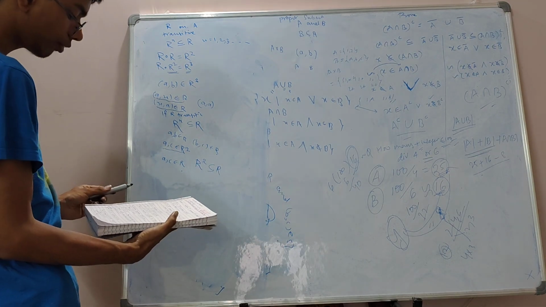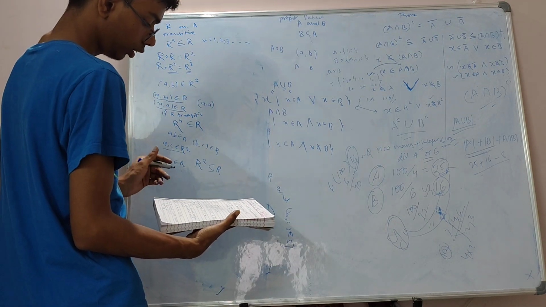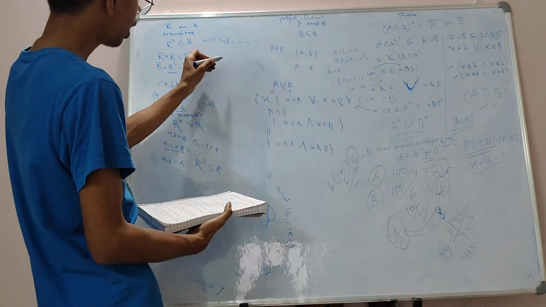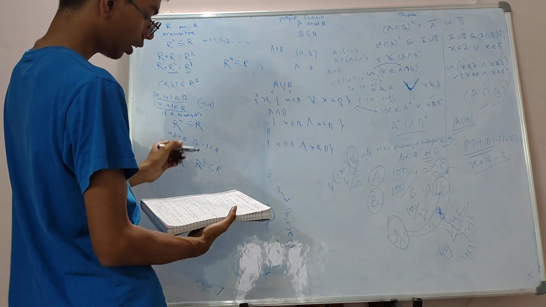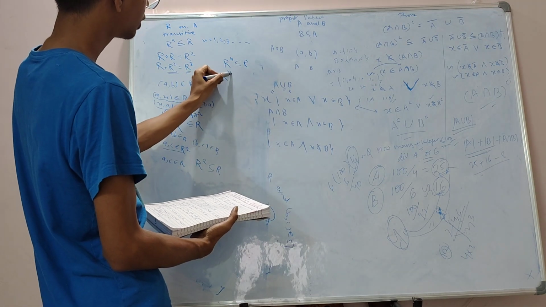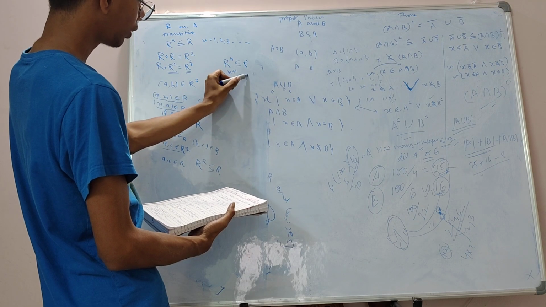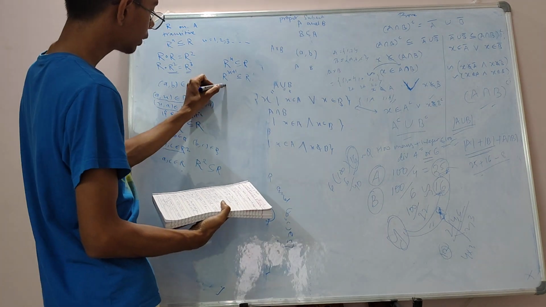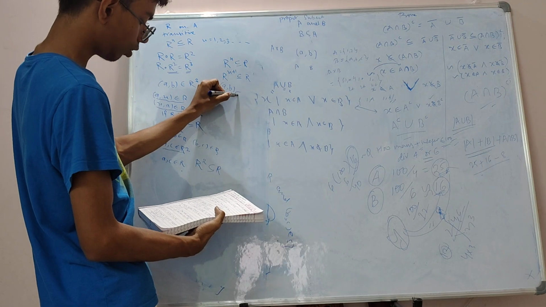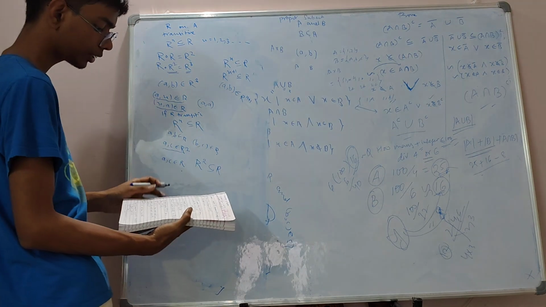Now using inductive hypothesis, suppose R composed n times is subset of R and I have to prove R composed n plus 1 times is subset of R again. So what I will see, suppose a comma b belongs to R composed with itself n plus 1 times.